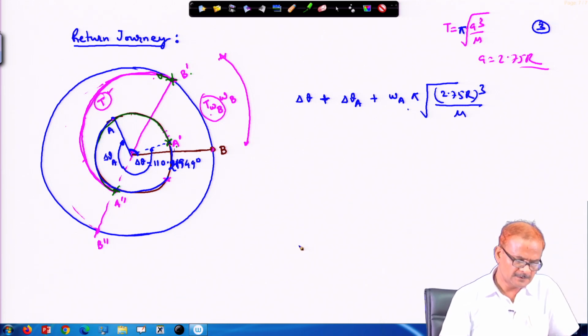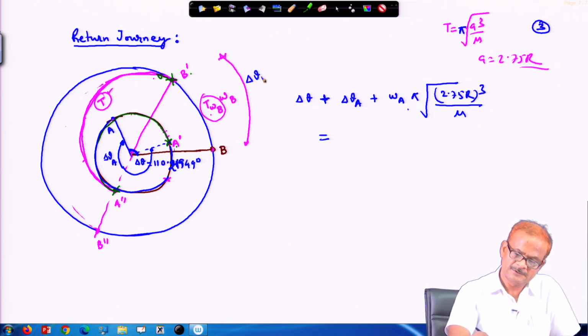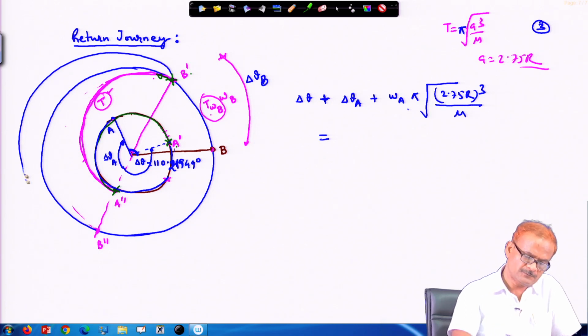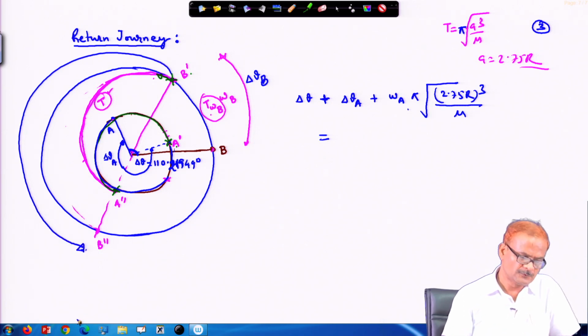This is the total angle covered, and this must be equal to delta theta b, which is the wait time, and then the moving time from this place to this place, which is 180 degree.